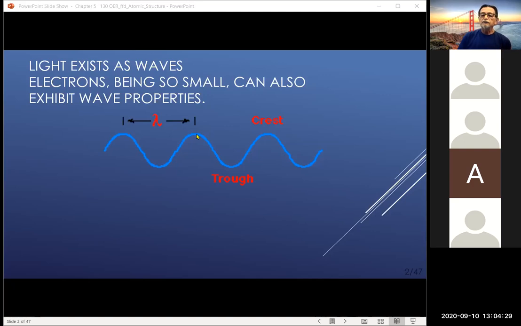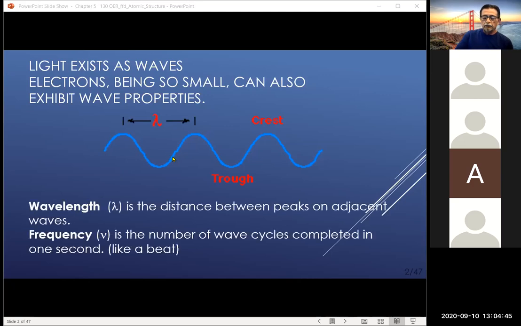That is the wavelength of light. We picked the crest, but you can pick any spot on that hill as long as you pick the same spot on the next hill, and that distance will be the same. Lambda is designated as the wavelength, and that is the distance between peaks of adjacent waves.